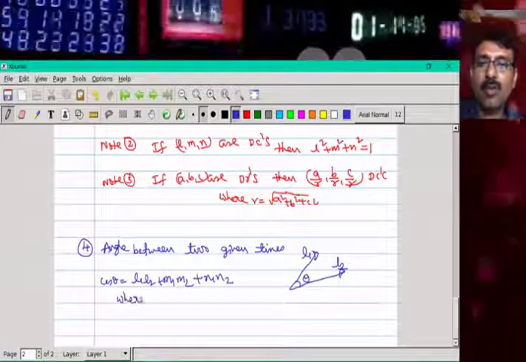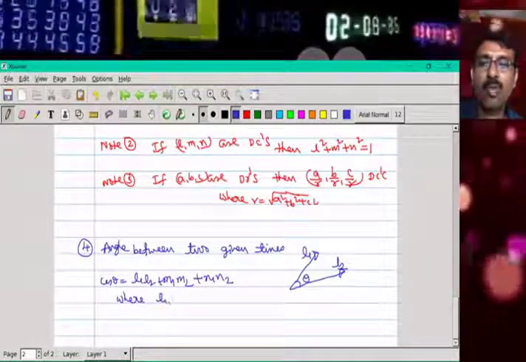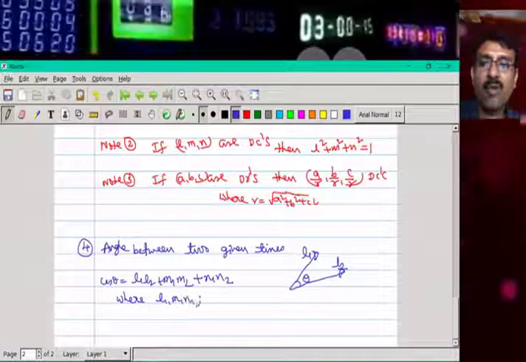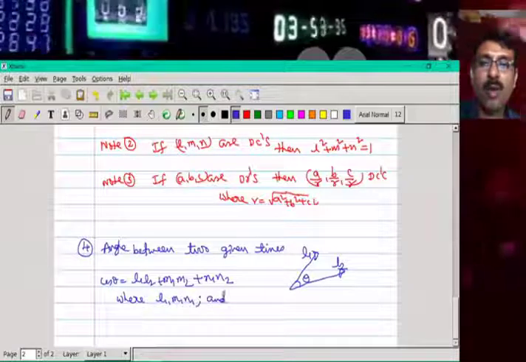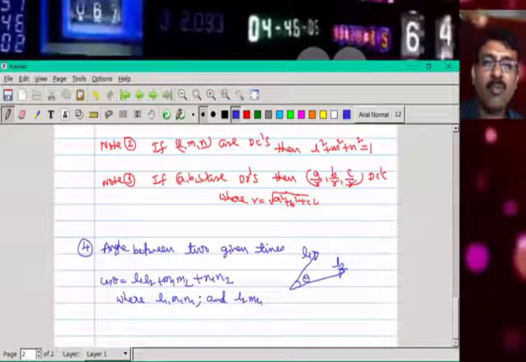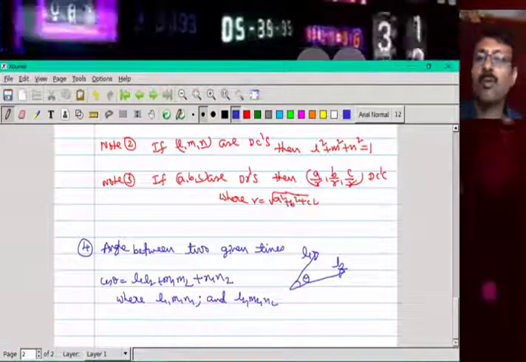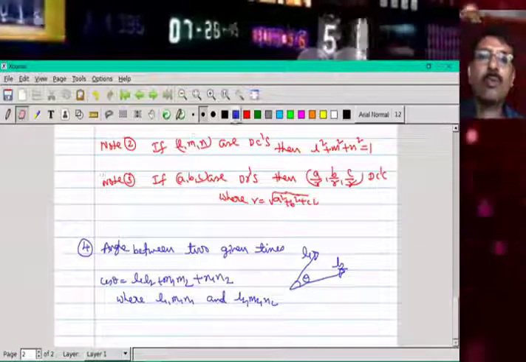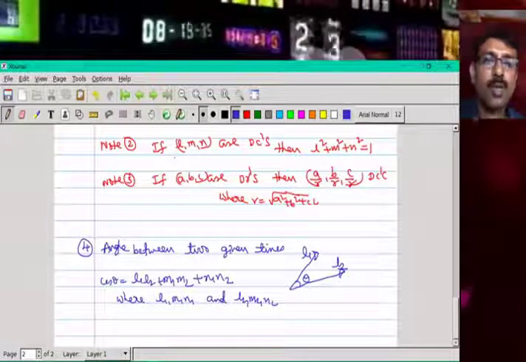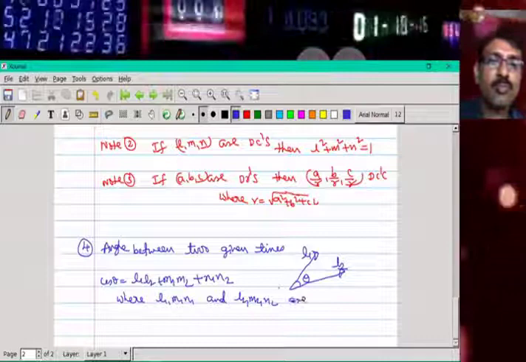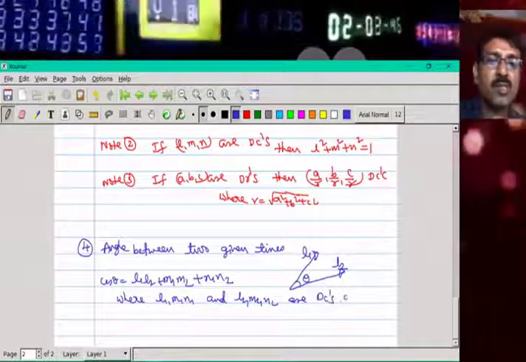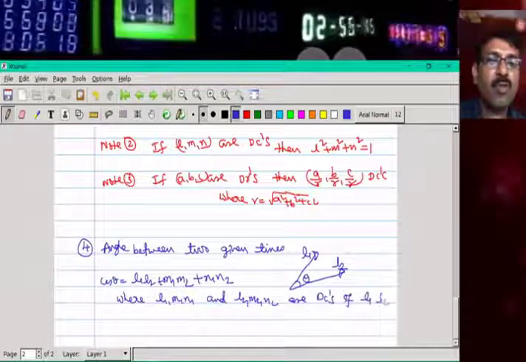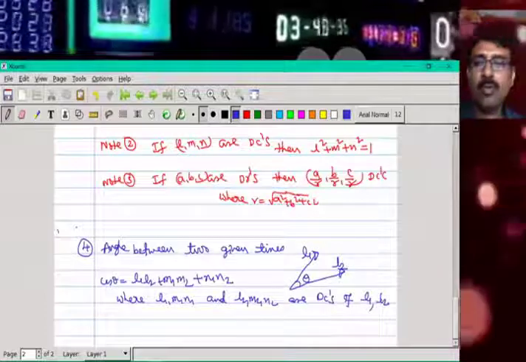where L1, M1, N1 and L2, M2, N2 are DCs of lines L1 and L2 respectively.